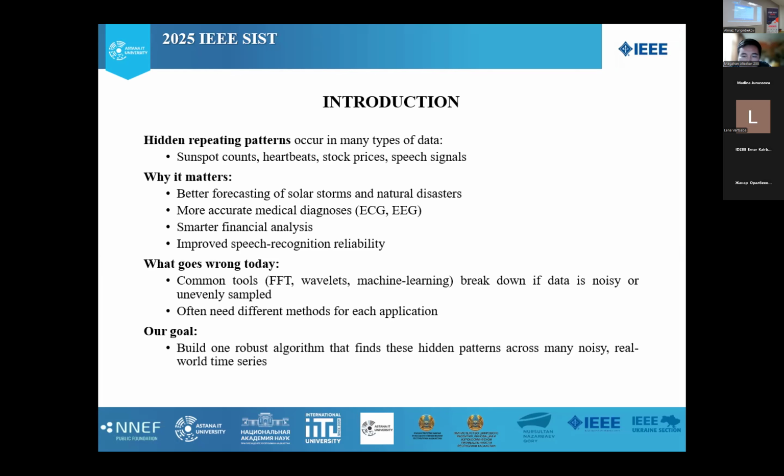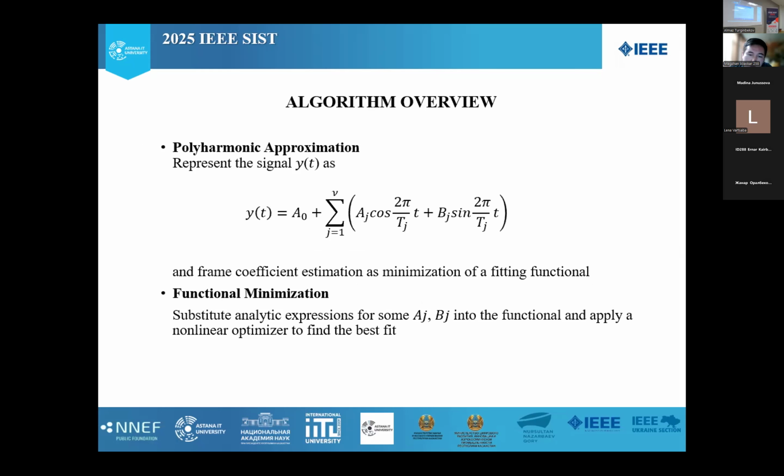Unfortunately, common tools like FFT, wavelets, or pure machine learning often fail on noisy or unevenly sampled data, and different applications demand different methods. Our goal is to develop a single robust algorithm that can find hidden periodicities across a variety of noisy real-world time series.